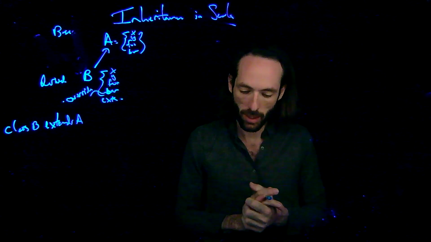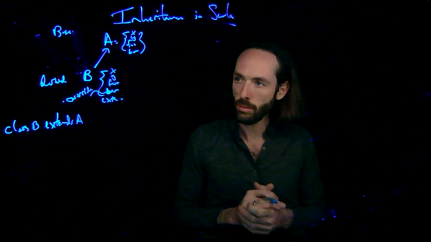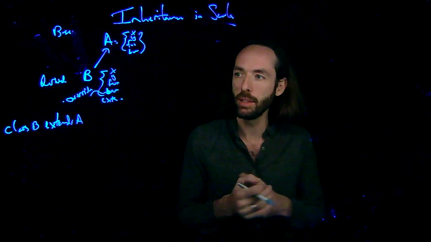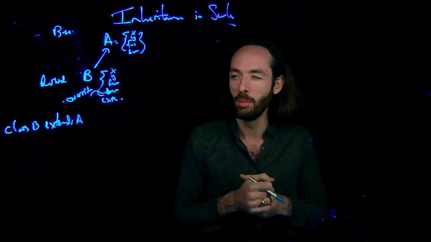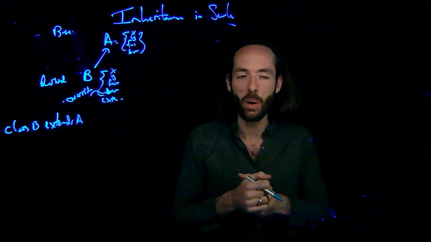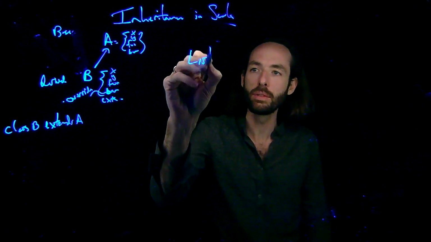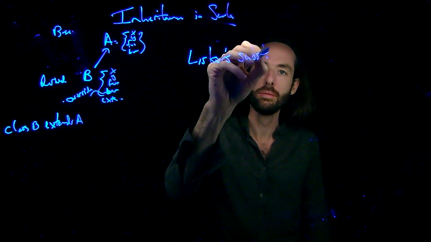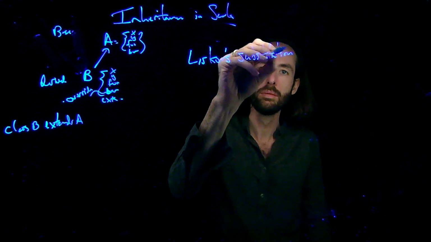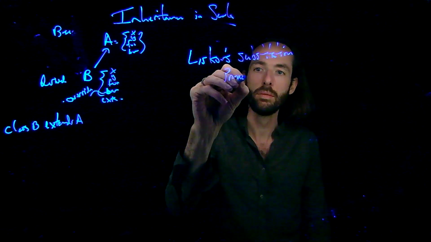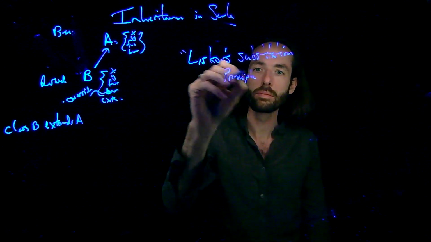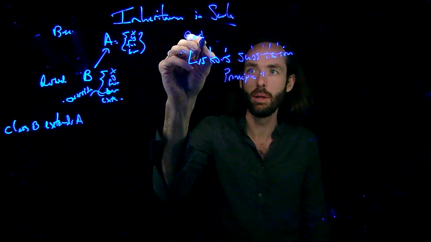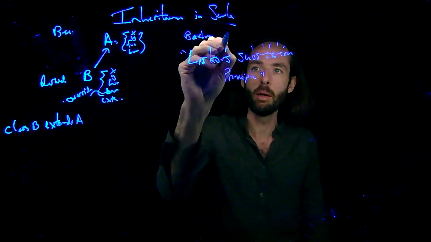What else do I want to say? The key thing that makes all this class stuff work and really makes it powerful is Liskov's substitution principle. This is Barbara Liskov from MIT.